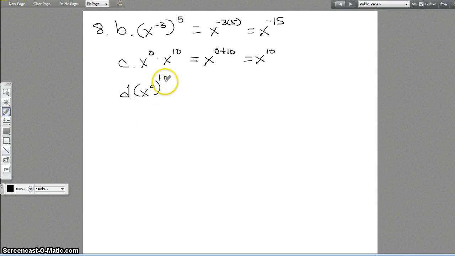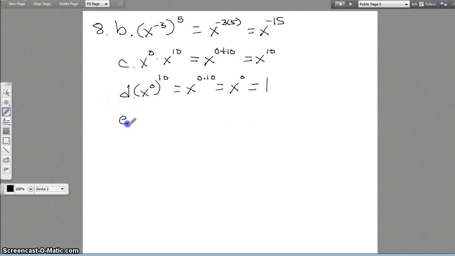We are raising a power to a power, so we multiply our exponents. So this is x to the 0 times 10. Well, 0 times 10 is 0, so this is x to the 0. That's where we would stop here because that is a single power of x. You could simplify this and say that it's actually just 1, but then it's not written as a single power of x. I would accept either way.